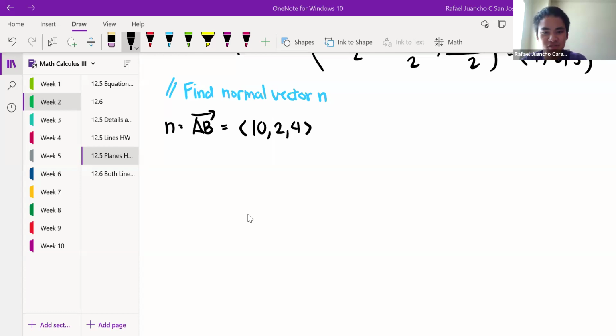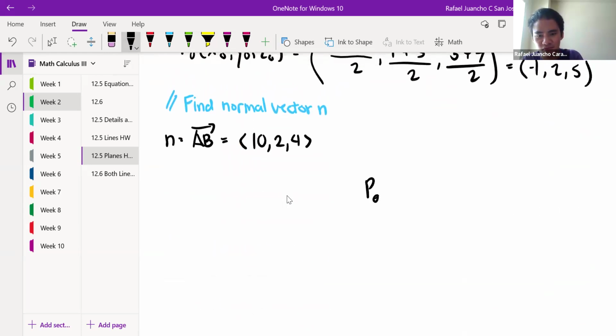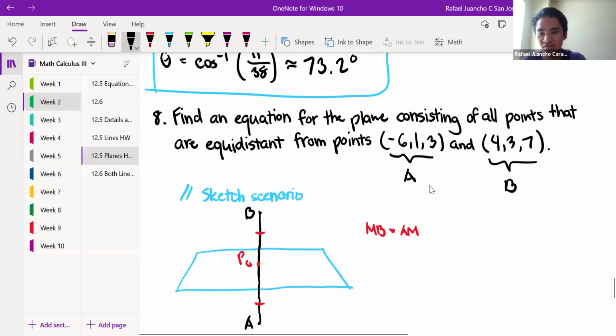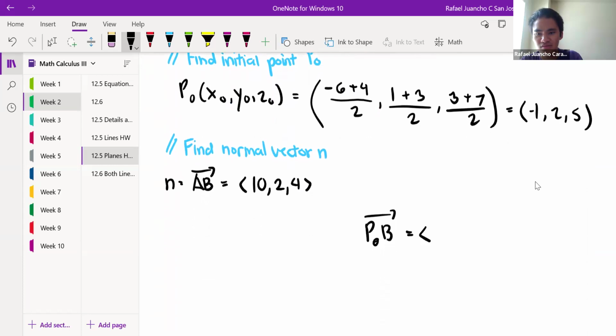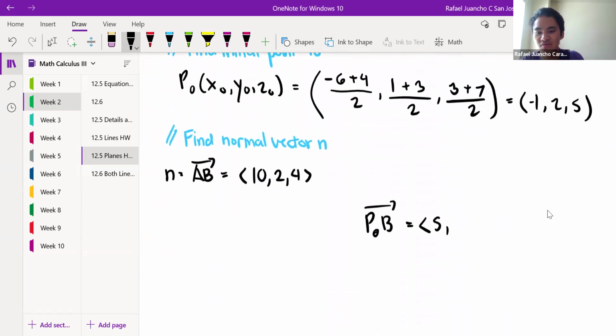Now, I'm gonna try something. Could we have done it just using this or this? Either way, could we have done it if our vector was P naught to B? We'll find out. So B, subtracting the components of P naught, right? 4 minus -1, so that's 5. 3 minus 2, so that's 1.